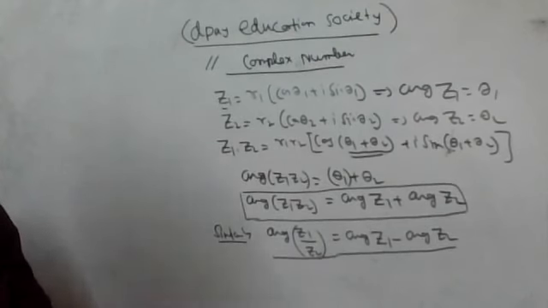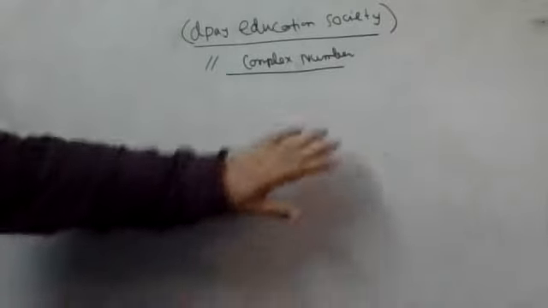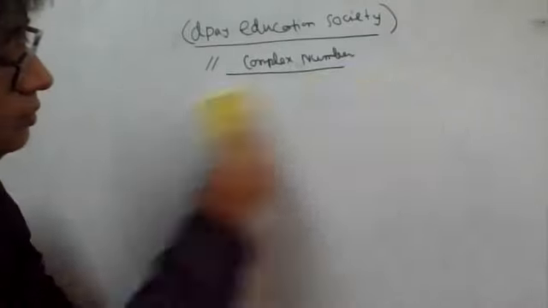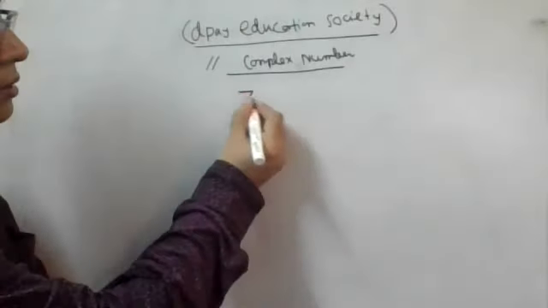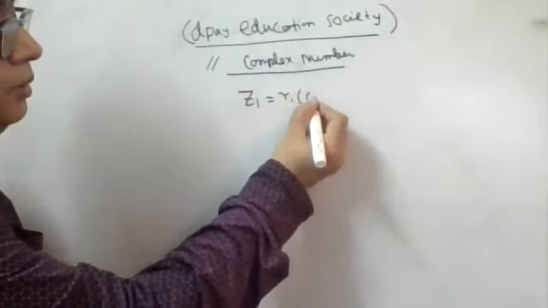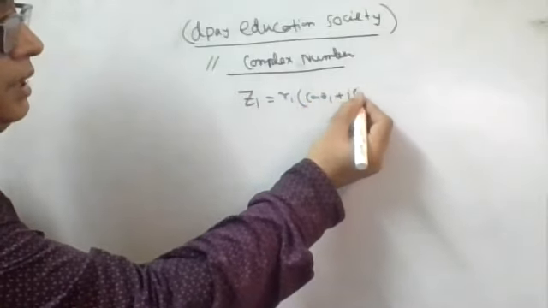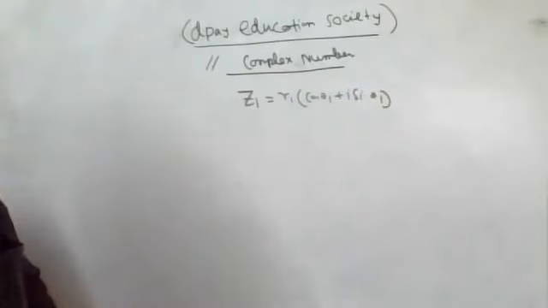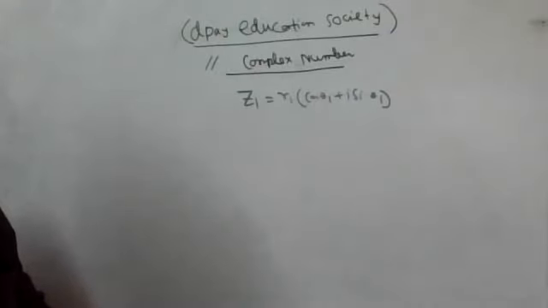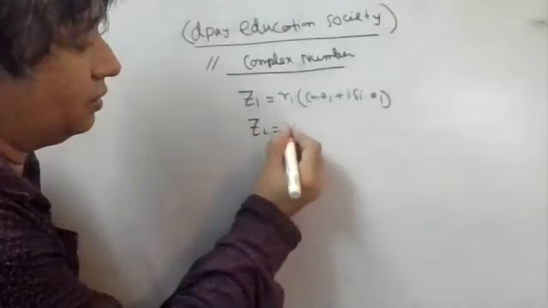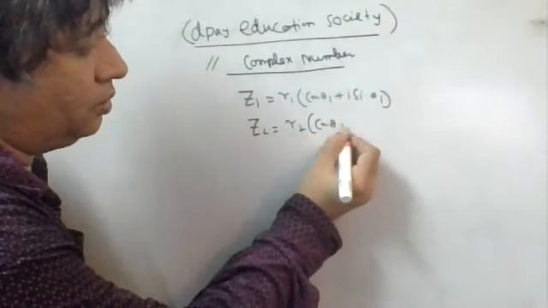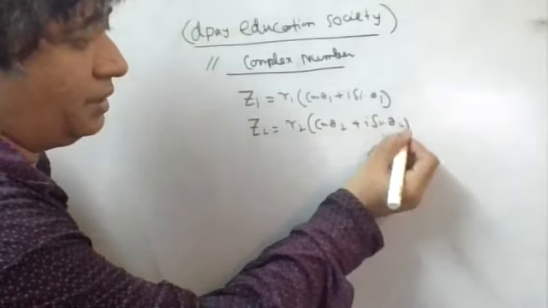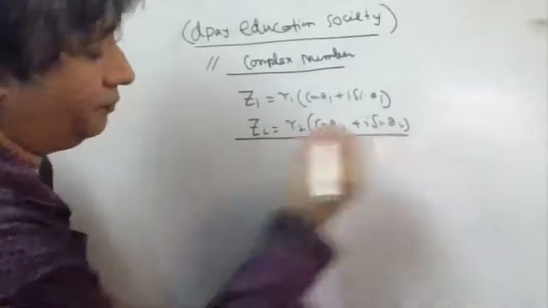So, now, Z1 = r1(cos theta1 + i sin theta1), you have come to know. Now Z2 is what? r2(cos theta2 + i sin theta2). Now add them.